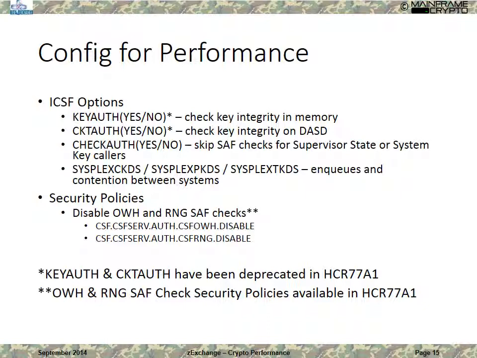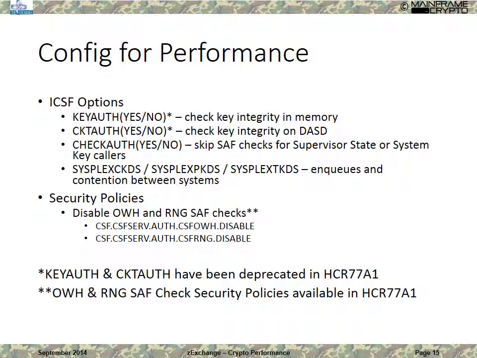Now, with the one-way hash, way back, the one-way hash was done on the CCF. It was only available via an API. When IBM implemented the CPACF hardware, that one-way hash was now supported by an assembler instruction on the CPACF hardware.